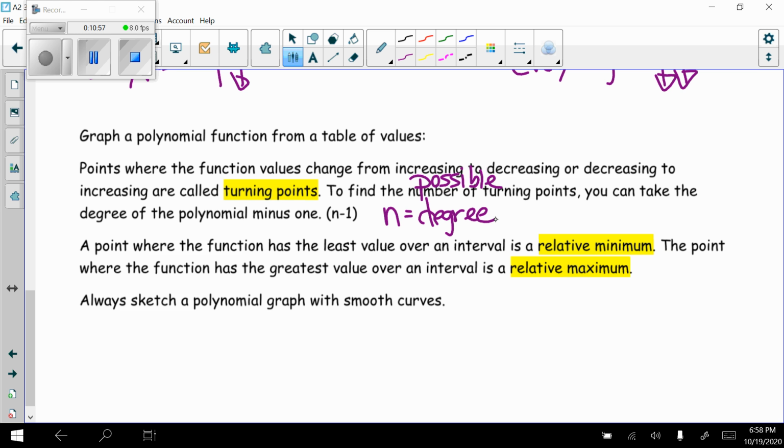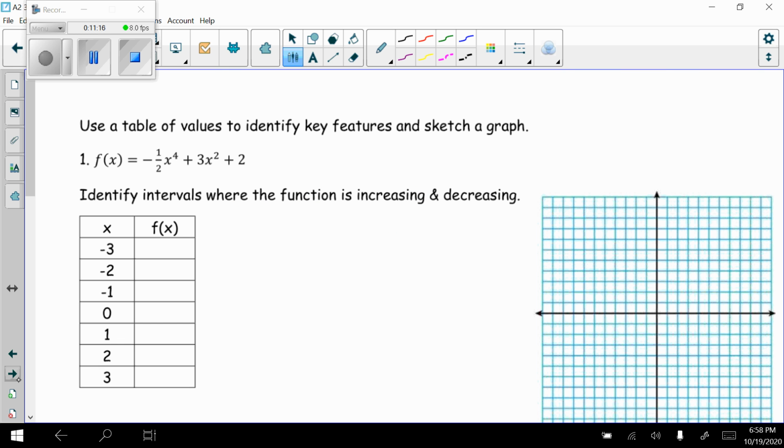A point where the function has the least value over an interval is called a relative minimum. The point where the function has the greatest value over an interval is a relative maximum. We will always sketch a polynomial graph with smooth curves, no sharp edges here, okay? All right, so use a table of values to identify key features and sketch a graph, okay?